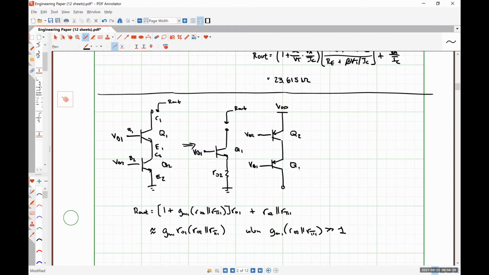Q2, Q1, emitter, base, collector, emitter, base, collector.